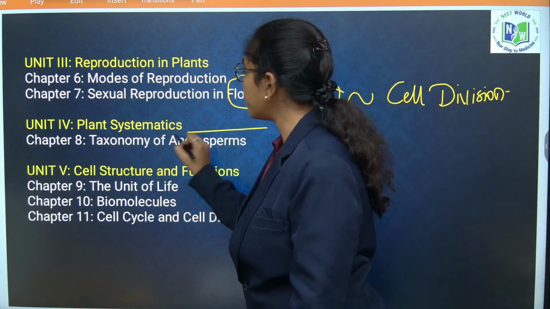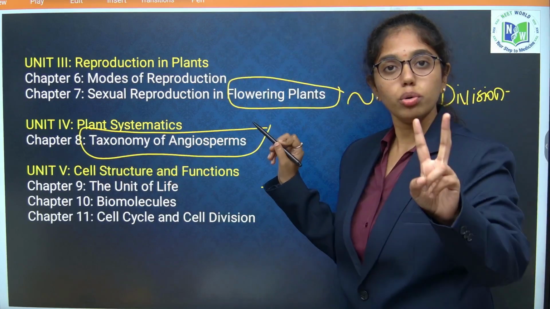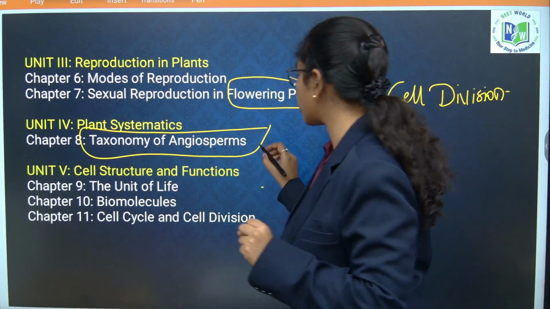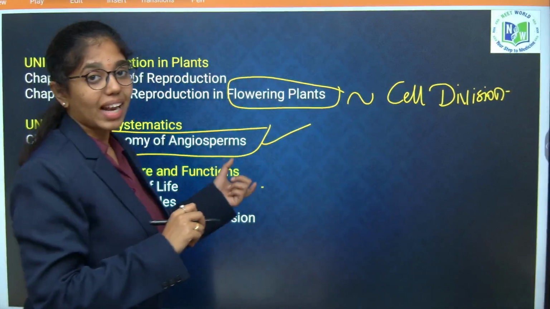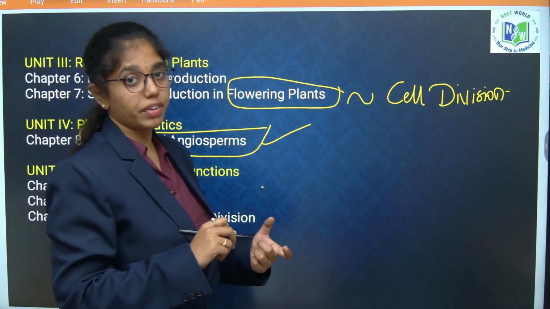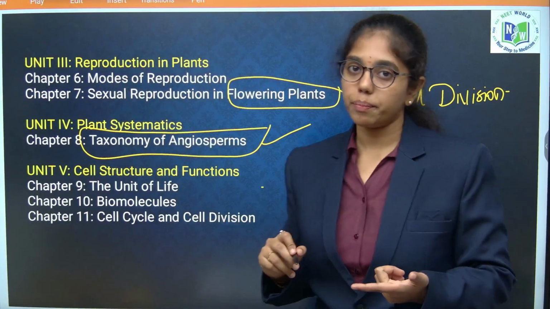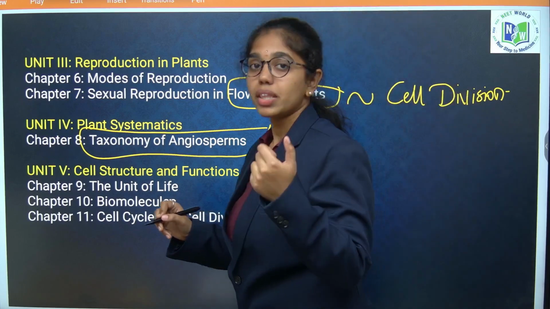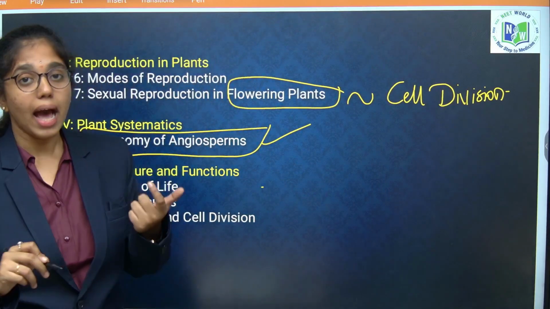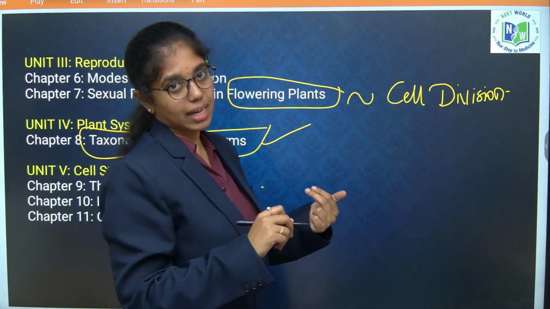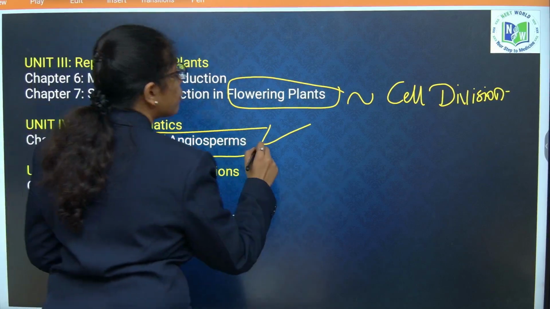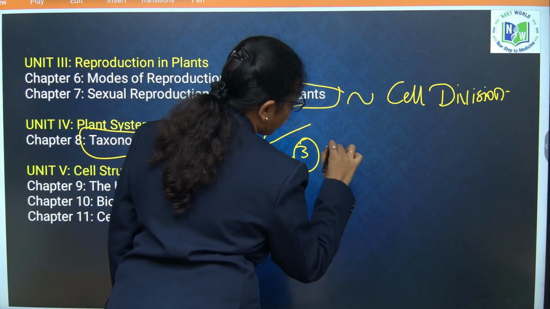Next, taxonomy in angiosperms. You will learn 2 basic things here. You have to focus on the type of classification or systems of classification in plant kingdom, where you have to look into the natural, artificial and phylogenetic system of classification. And then you have to focus on 3 major families.